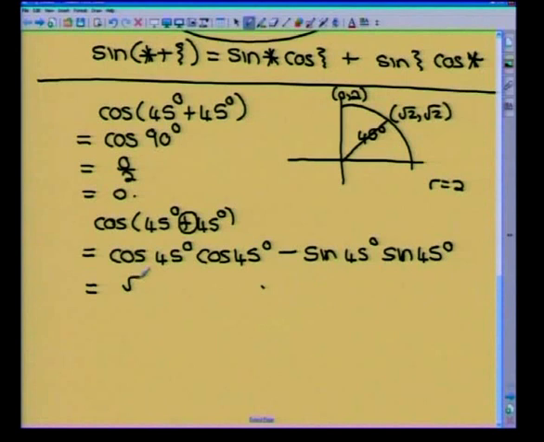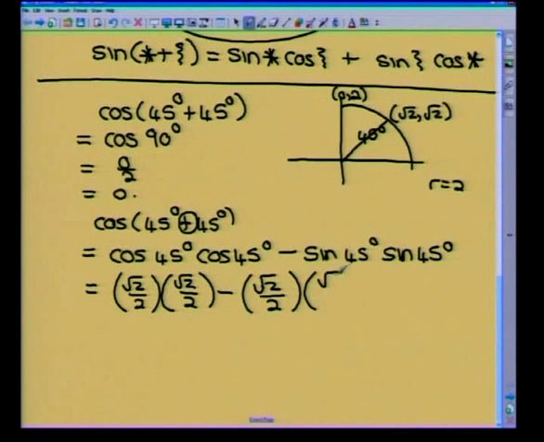We're going to say the cos of 45 is root 2 over 2 times root 2 over 2 minus root 2 over 2 times root 2 over 2, which is incredibly good news because already you can see that if I've got something absolutely identical, subtract something also absolutely identical, it's going to give me 0.